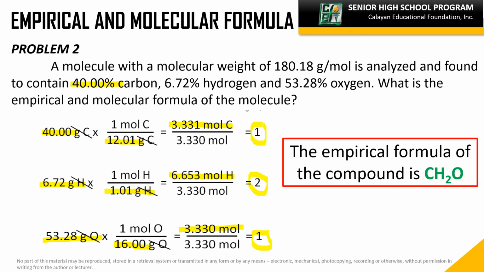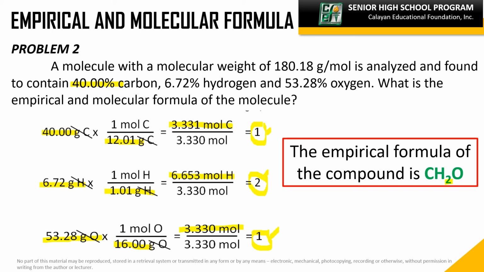So these will serve as the subscripts of our empirical formula. So we have C, since 1, we don't need to write it anymore. Hydrogen, 2. Oxygen, we don't have to write 1 anymore. So the empirical formula of this compound is CH2O.